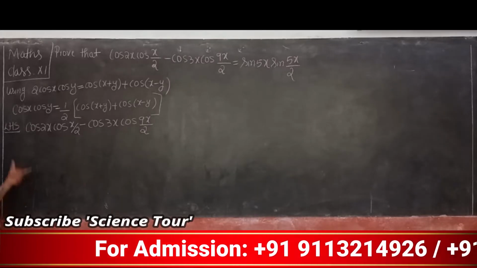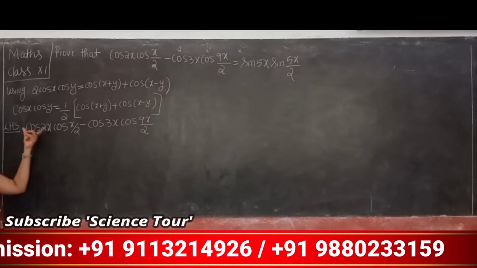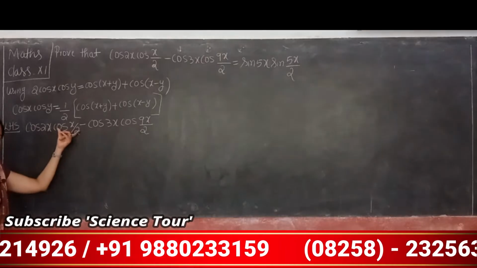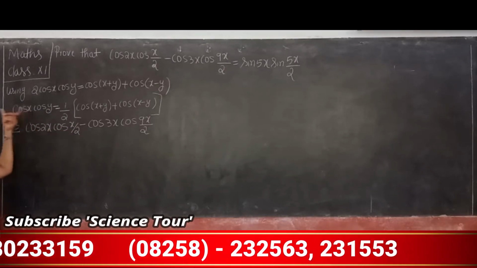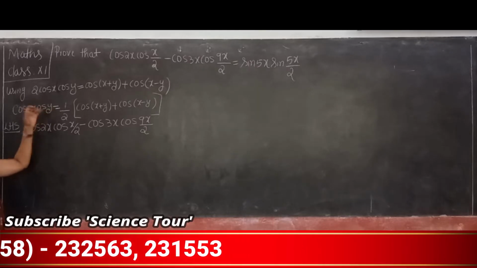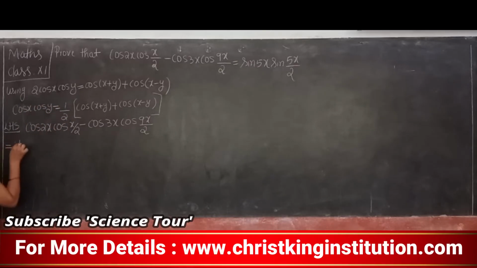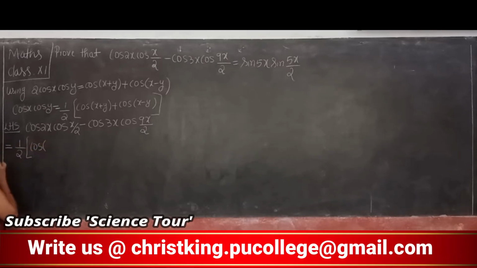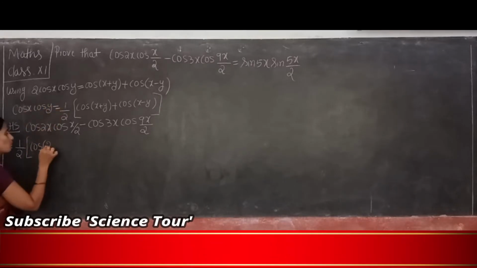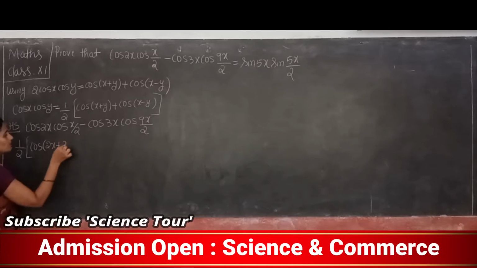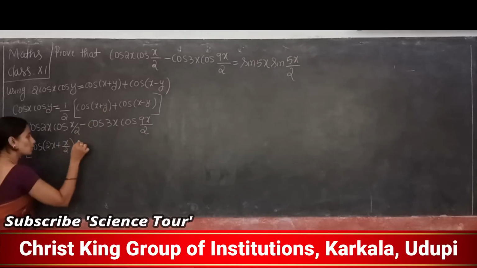So it is what? Cos x into cos y. So cos x into cos y, the formula is 1 by 2, correct no? So which is equal to 1 by 2 cos(x+y).